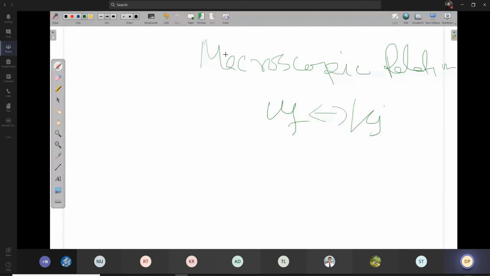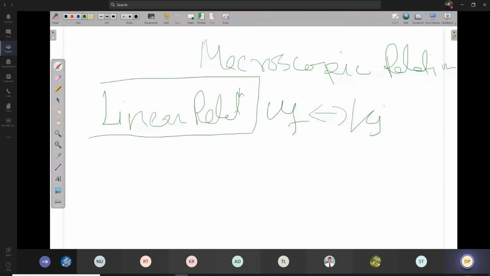Whatever we have derived till now is called a linear relationship. Why linear? Because the first relationship that we got, between speed and density, was a linear equation.